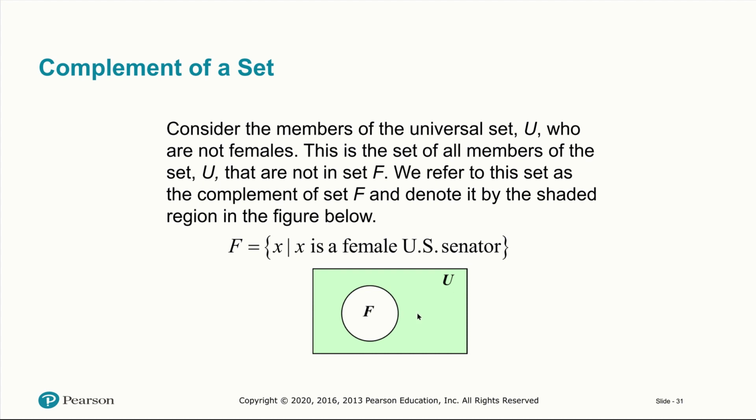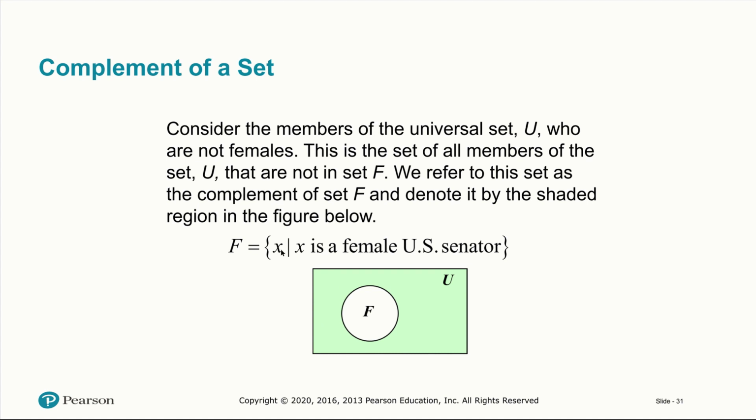But anyway, we would basically shade everything that is outside of the female set in order to show the set of all the members of the Senate that are not females. Okay, so this green area is called the complement of the set F.